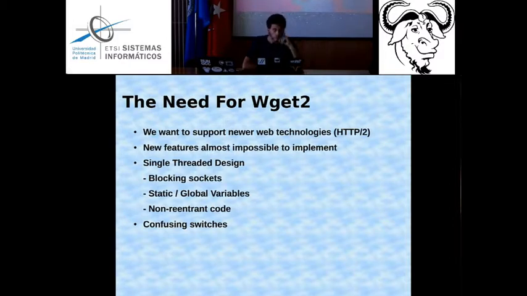Also, we wanted to avoid confusing switches, because there were some decisions in WGET development which make some switches work in a way that now we don't think is a good way. So we wanted to change that behavior now.